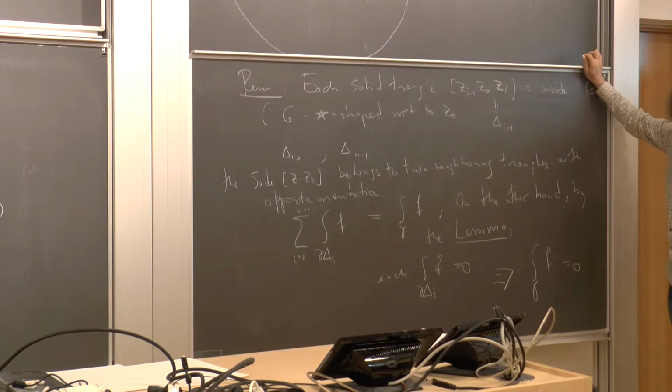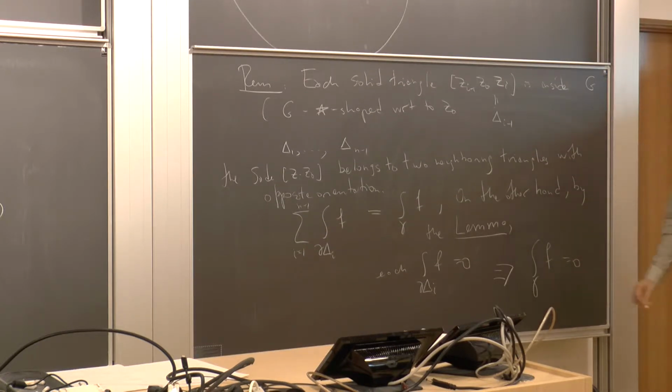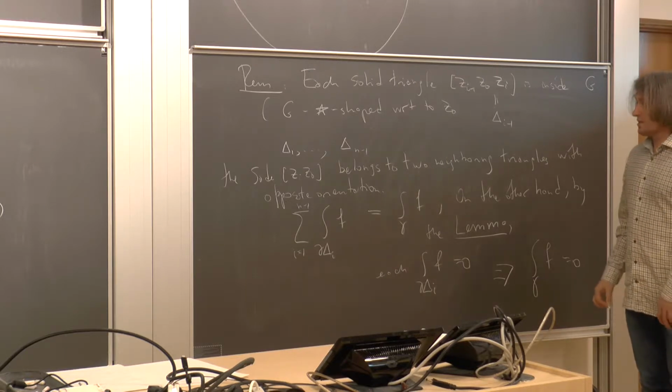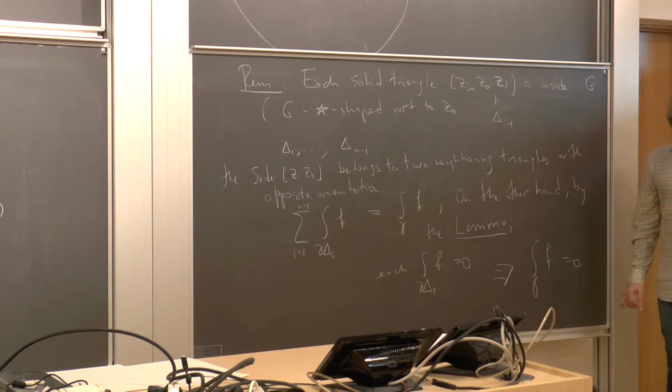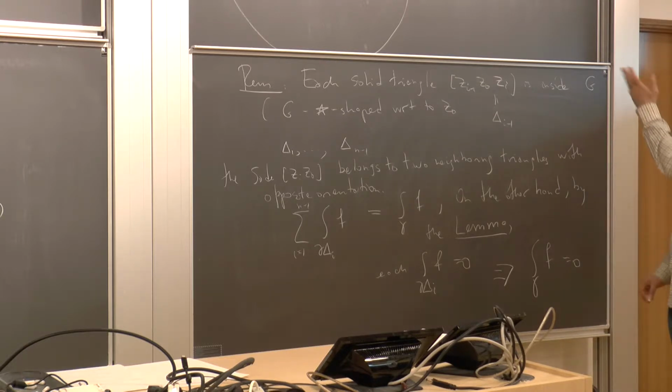So in a way, I won't write this down, but the total proof is a mixture of two types of considerations. There's an analytic part, it's the lemma. If you remember, the proof of the lemma was completely analytic. We subdivided these triangles into smaller and smaller ones, and then proved that the sum of integrals has to be 0. And the geometric one, which is this subdivision into triangles, for example.